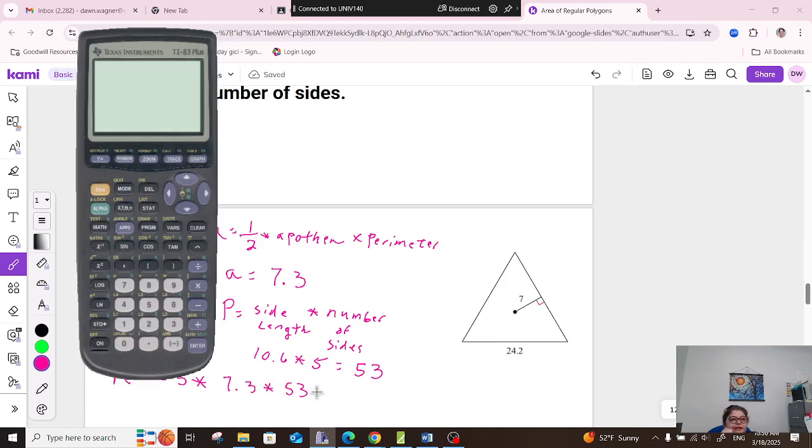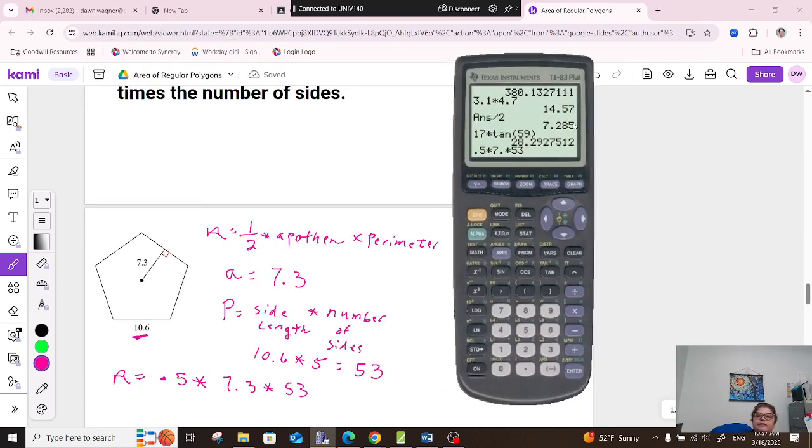So now use your handy dandy calculator. 0.5 times 7.3 times 53. Oh, wait a minute. I missed something. When I clicked it, it must not have clicked the 3. Okay, and when I press enter, I'm done, right?